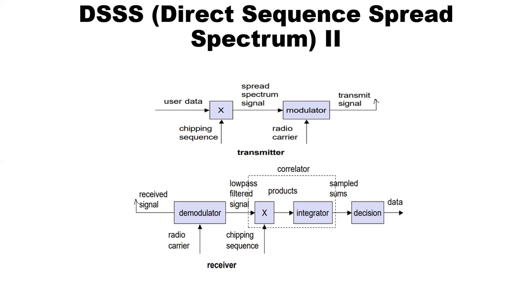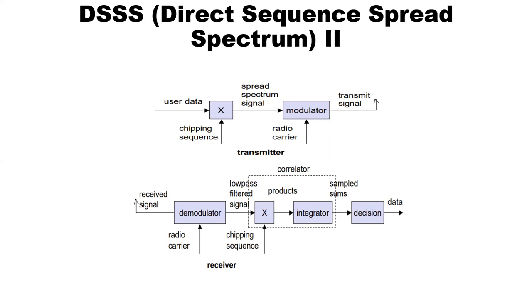On the receiver side, the received signal is demodulated, where the analog signal is converted to a digital signal. And this digital signal is applied to the correlator. In the correlator, first, we filter the data because there will be some noise interference and broadband interference, which is unavoidable.